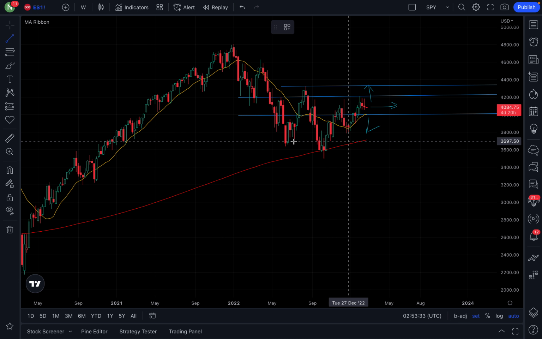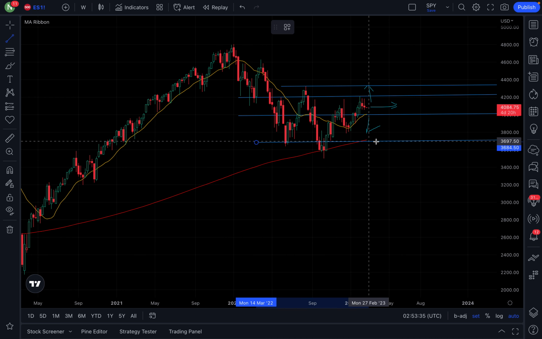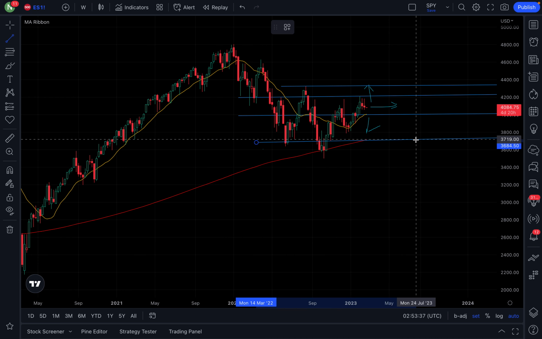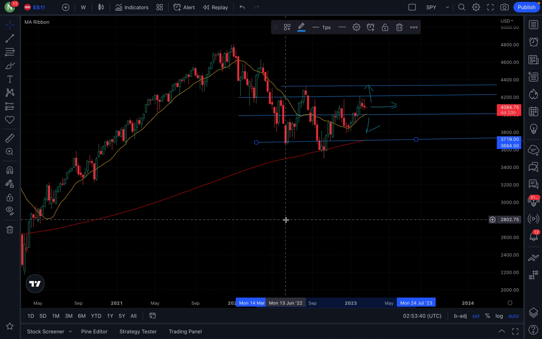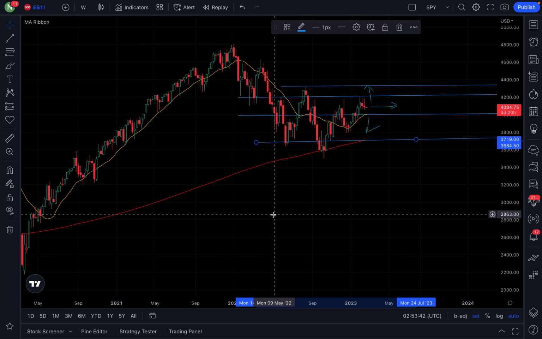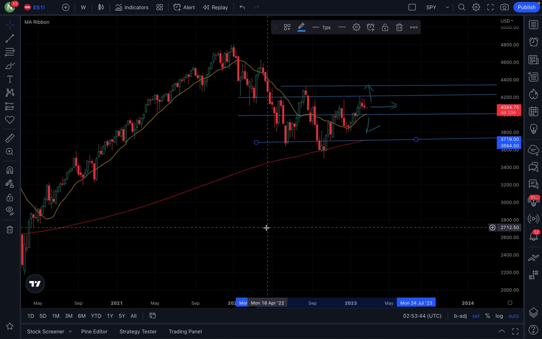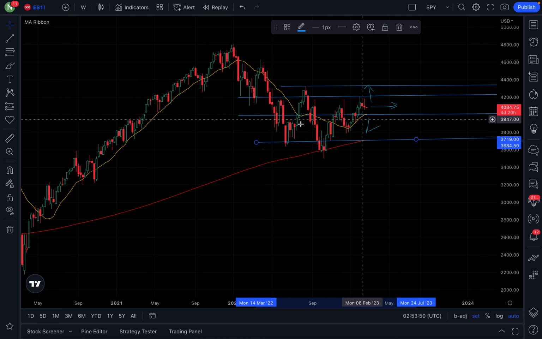The reason I would choose that area is because one thing I've noted in the past is that the market loves symmetry. It loves symmetry. Okay, it loves to mirror itself.